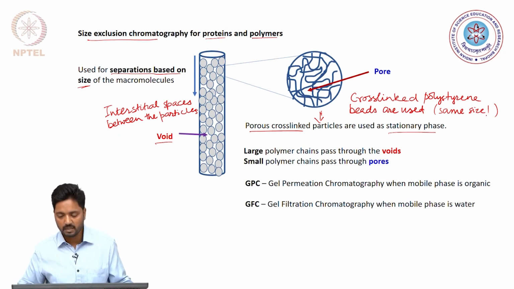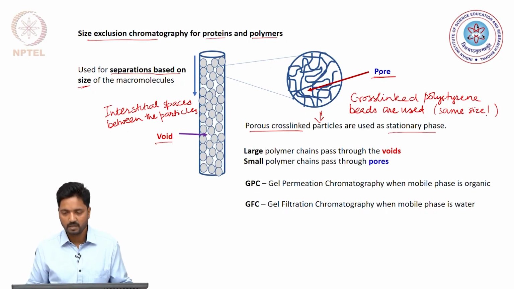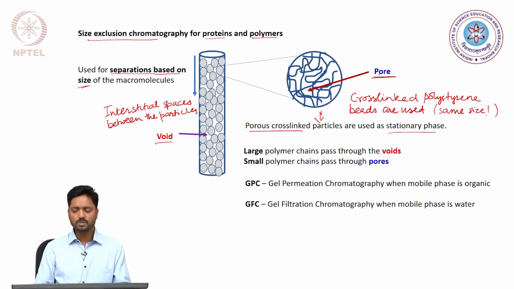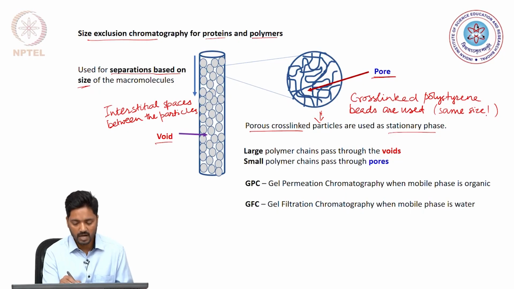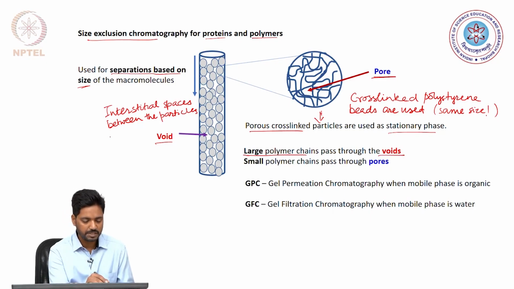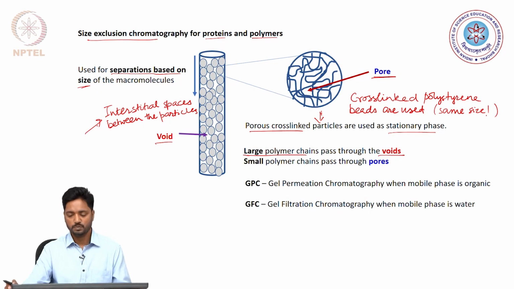However, the particle in itself is porous, and we also have pores present in the particle within which the solvent as well as the solute can enter. So, what is observed in this case is that the large polymer chains prefer to pass through the voids, that is the interstitial space, while the small polymer chains pass through both pores and the voids.